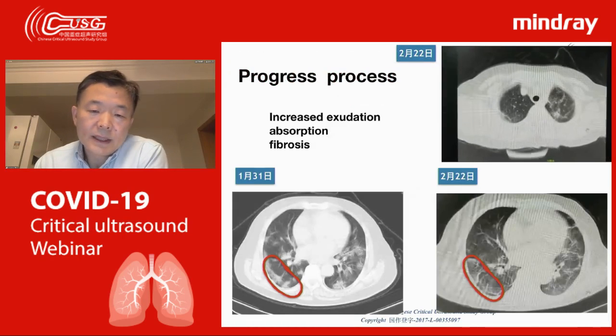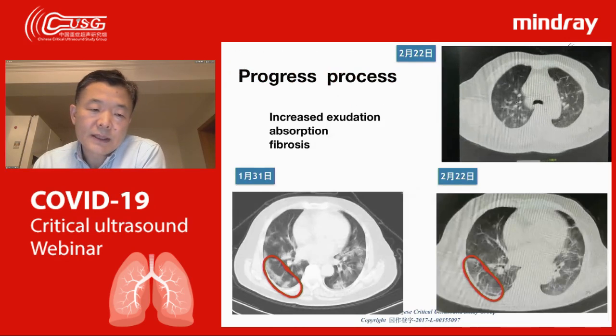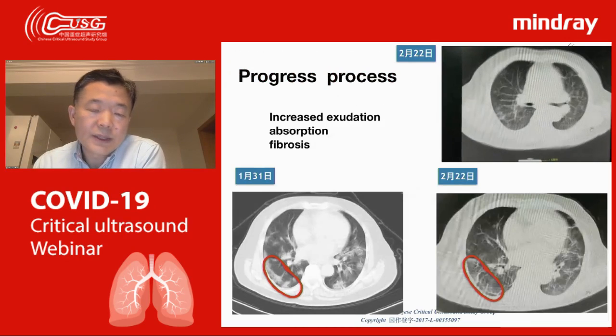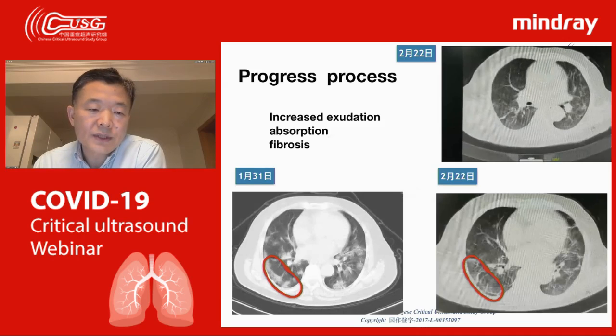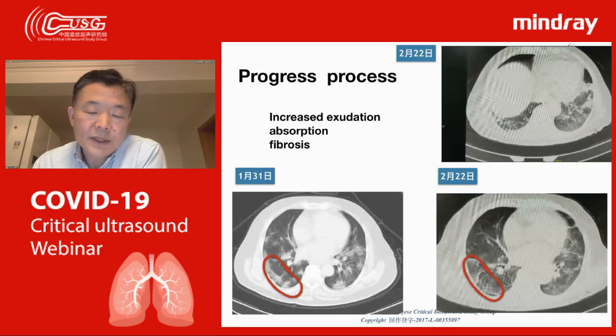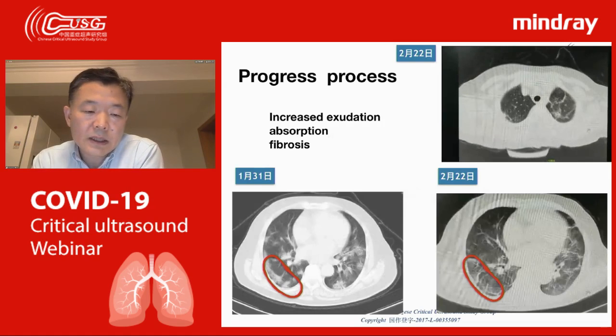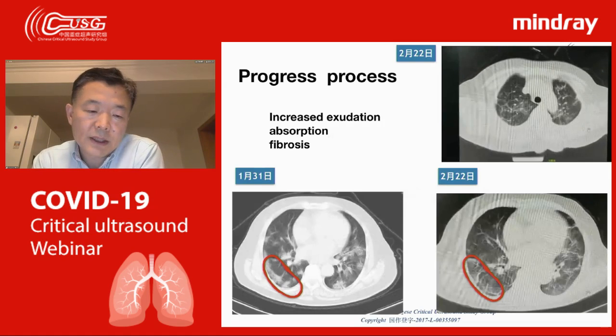So let's see cases from different days. You see is January 31st, and to February 22nd. So these two CT scans show a little bit different course of the disease variation.